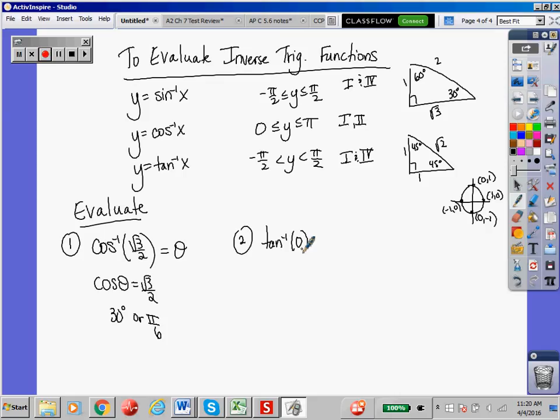All right, well, I like to set them equal to theta and change the question. The tangent of what angle is 0? Well, inverse tan is negative pi over 2 to pi over 2. So that's not on either triangle. It's going to be on my unit circle. Tangent is sine over cosine. You understand that that's going to be, in fact, 0 radians. We're not going to do degrees.